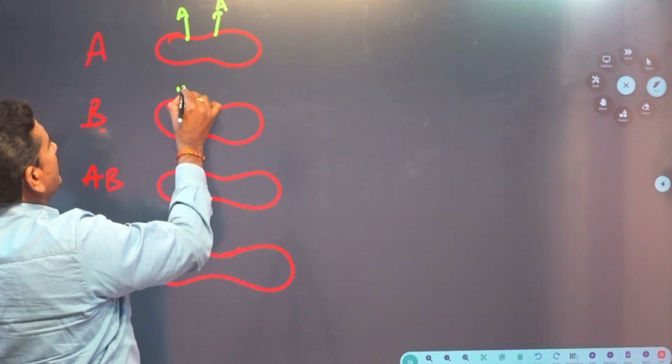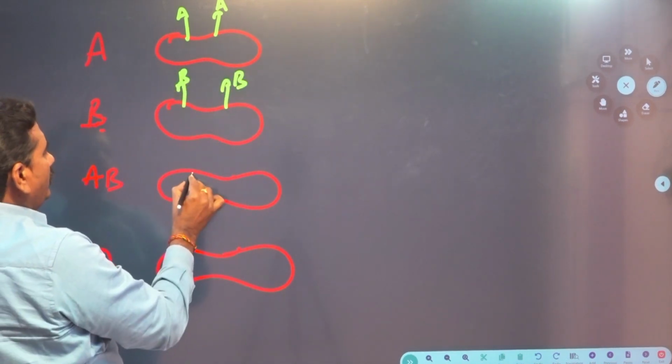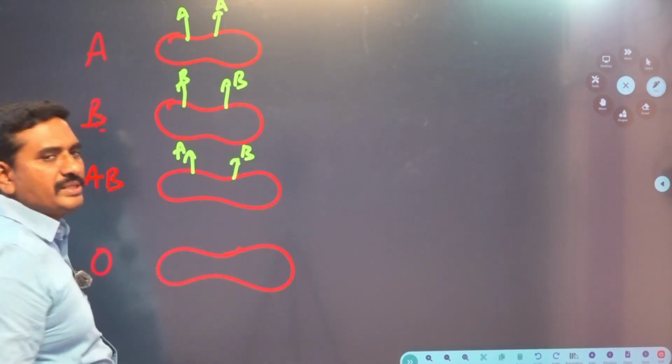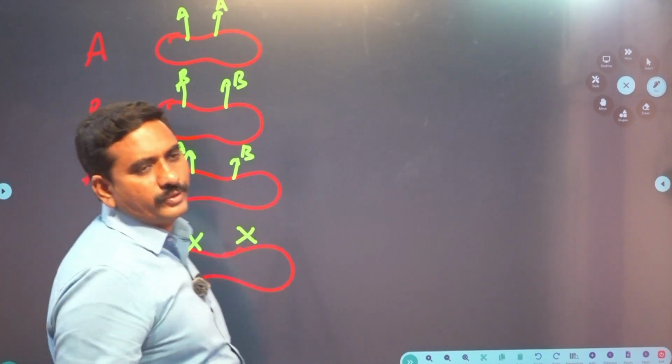If B antigens are present, this is the B blood group. If A and B antigens are both present, this is the AB blood group. No antigens here, this is the O blood group.